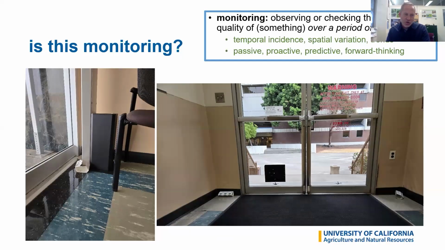Nobody is changing these traps out. Nobody is recording the data. And so the question is, is this monitoring? It seems like maybe there was a problem. Maybe Oriental or Turkestan cockroaches are entering from these exterior doors.